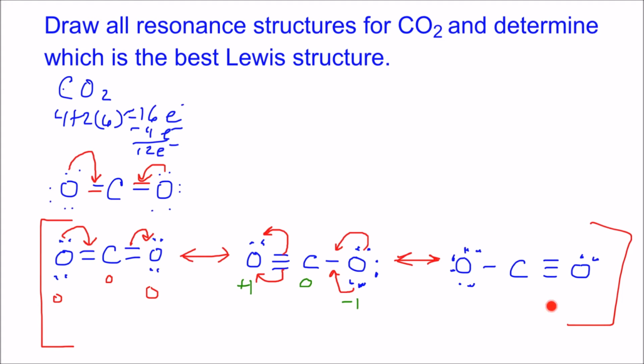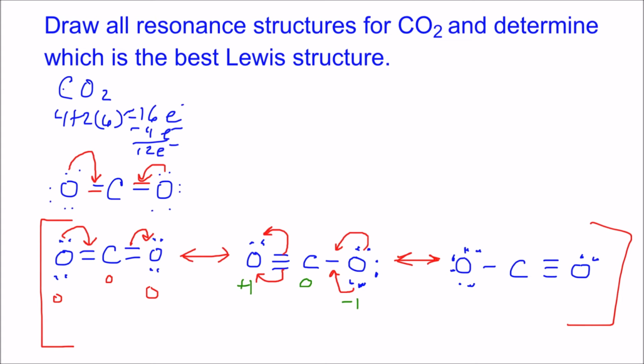Notice that this is a mirror of this one. Okay? And we'll check our octet rule. We've got 2, 4, 6, 8, 2, 4, 6, 8, and 2, 4, 6, 8.